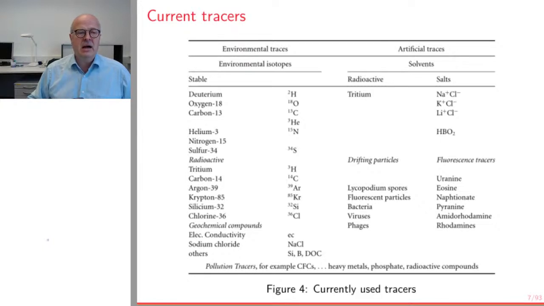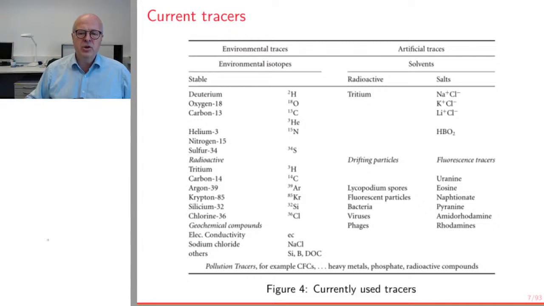And they are the focus of the lecture, and they have many advantages. And I will name them. It's uranine, eosine, naphthionate, pyranine, amidorhodamine, and all the rhodamines. There are more. There are about 10 or 12 that are common. However, these are by far the most common ones.